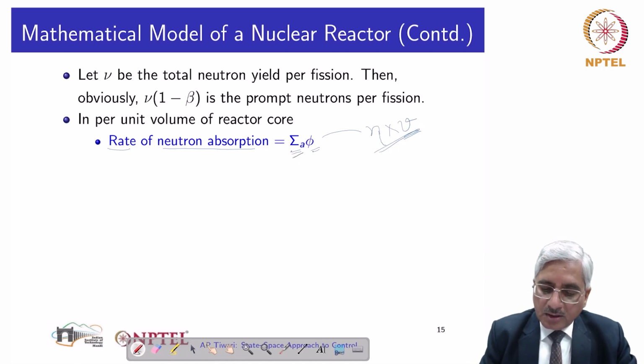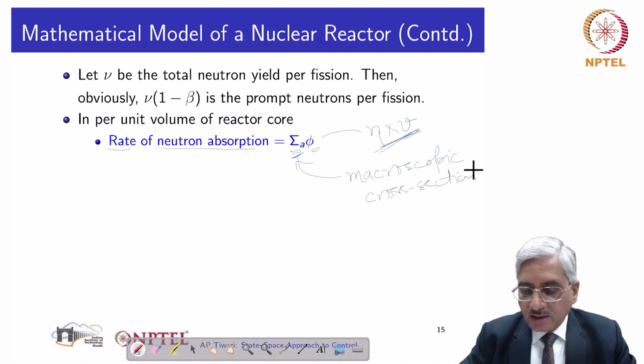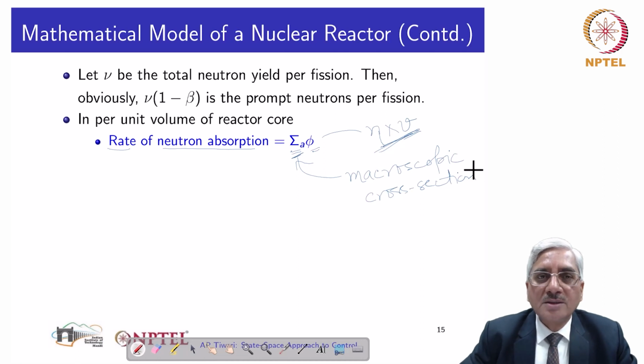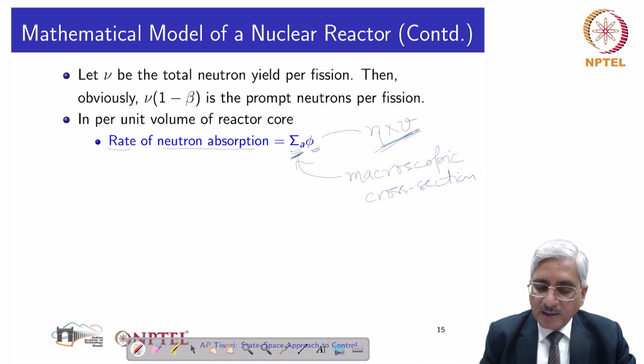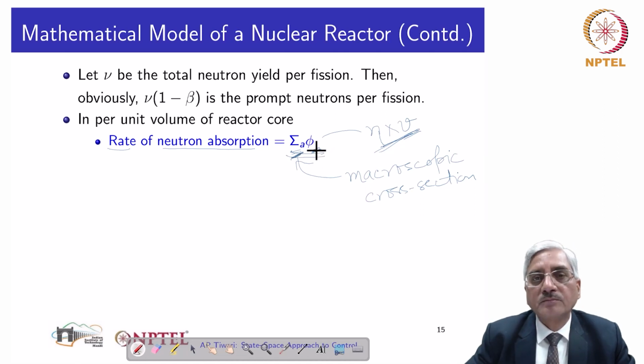And so sigma a times nv, where sigma a is called the macroscopic cross section, is a kind of proportionality constant, because not all the neutrons which impinge upon a target material will actually undergo neutron absorption. Many of them will escape absorption. So only sigma a times phi are getting absorbed, and so the interaction rate is sigma a times phi.